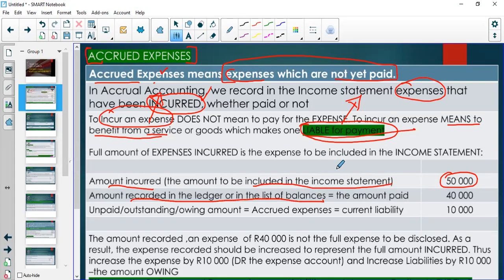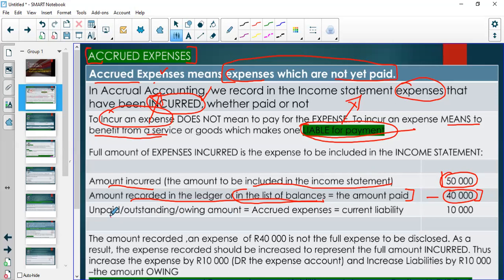When we were using source documents, we recorded 40,000, which represents the amount paid. This 40,000 will be displayed in the list of balances, or extract of the trial balance. So you see there, we incurred expenses to the tune of 50,000, but we only recorded 40,000 using source documents.